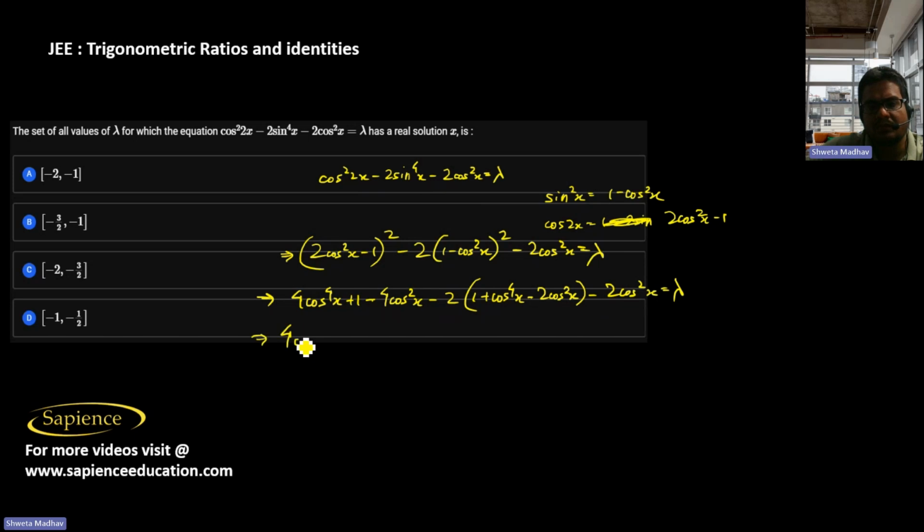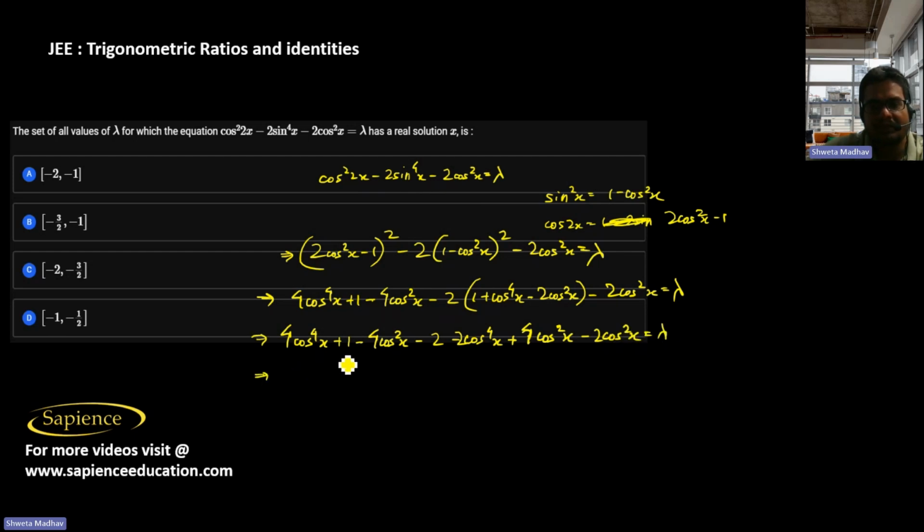So therefore I can say 4 cos power 4x plus 1 minus 4 cos square x minus 2 minus 2 cos power 4x plus 4 cos square x minus 2 cos square x is equal to lambda.